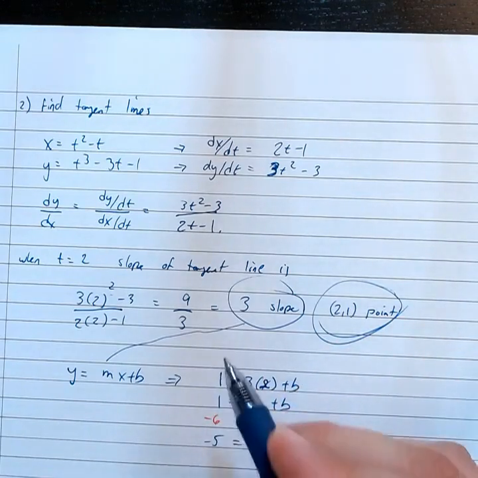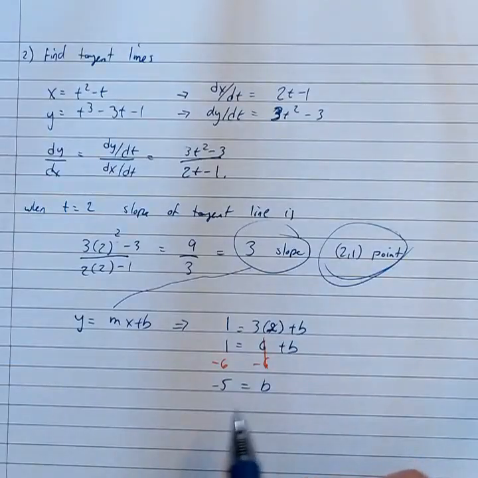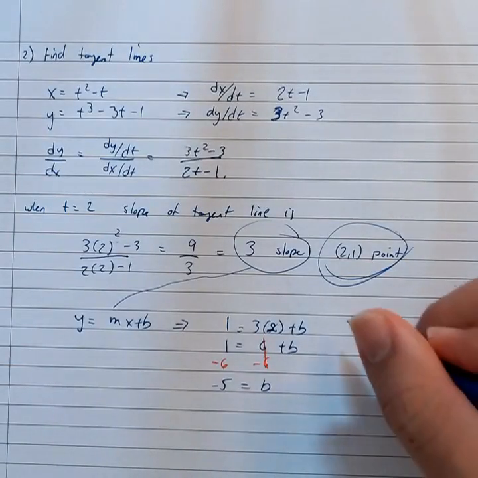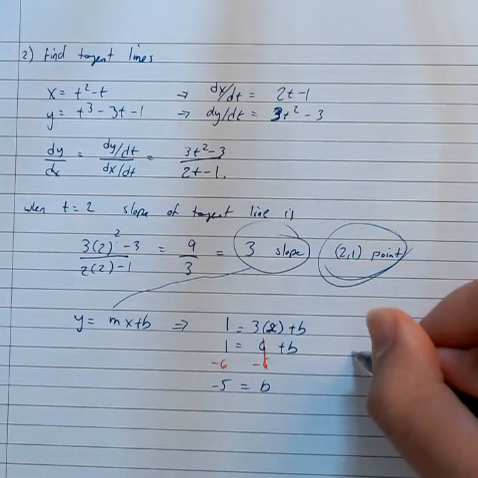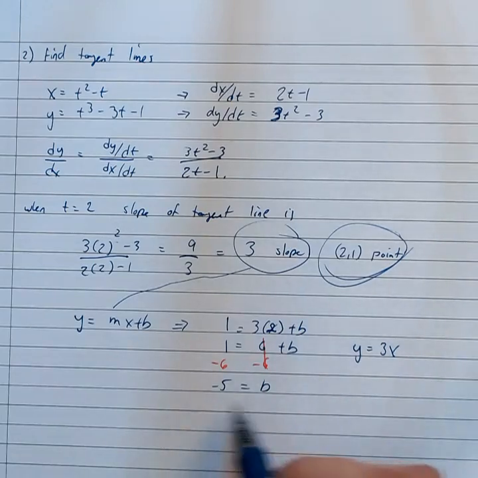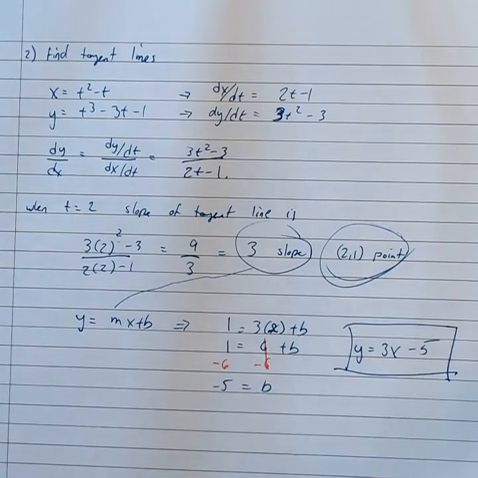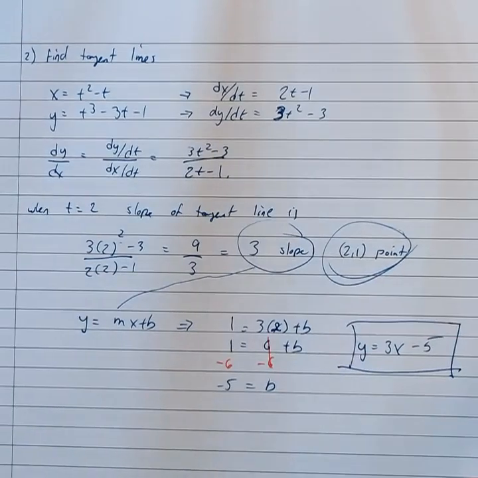And so that gives us everything we need. We have our slope, we have our value of b, we have something that can give us a y-intercept. So that means that the tangent line will be y equals 3x minus 5. And that's the equation of one of the tangent lines.